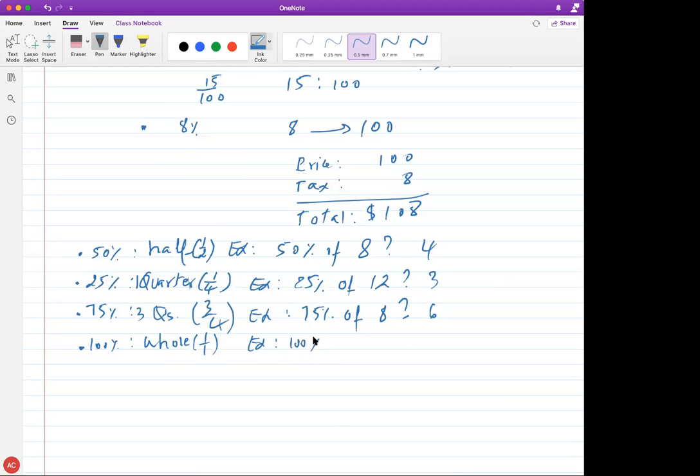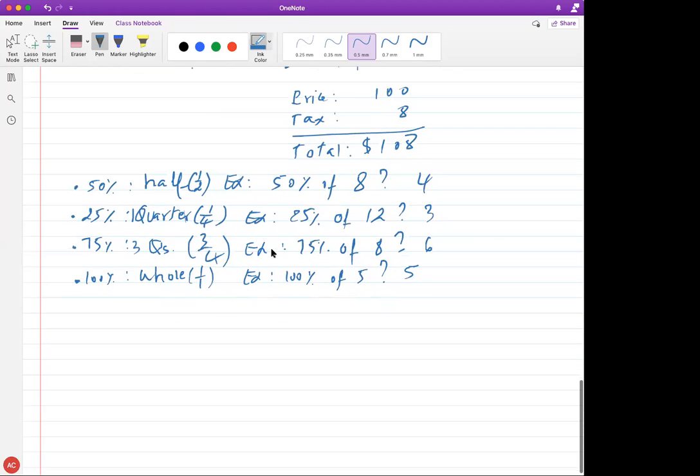What's 100% of 5? That would be the whole thing, which is just 5. If it's 100%, don't divide, don't take any portions, unlike these. So these are some of the commonly used ones. You also have 10%, which is 1/10, but at least know these basic ones here.